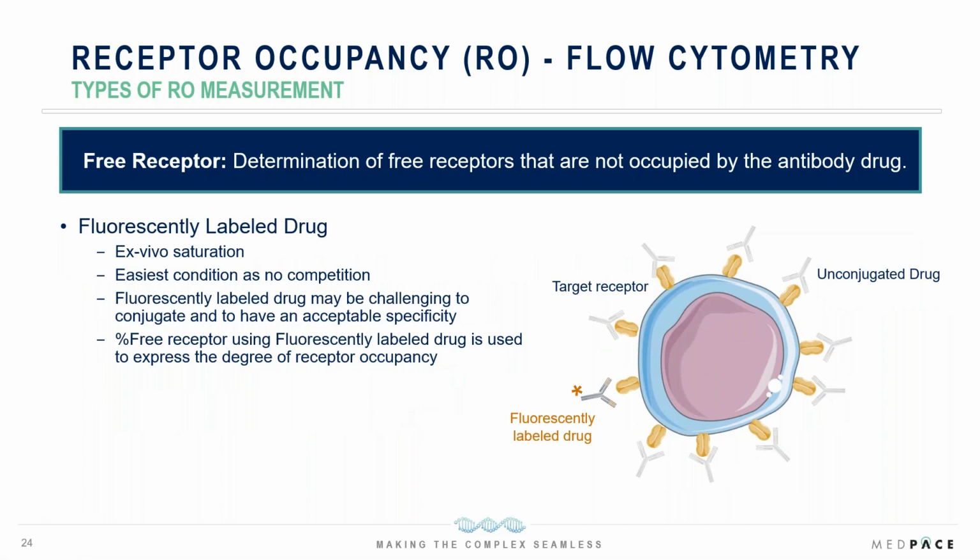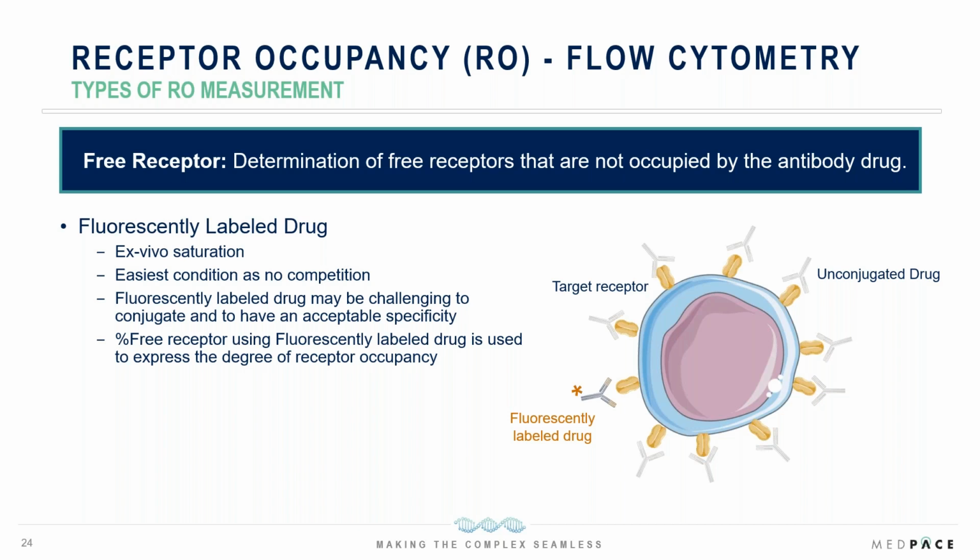If we go to the next slide, I will explain the second possibility to calculate the percentage of free receptor, and for that we can use fluorescently labeled drugs. This is actually the easiest solution, because you don't have any competition. In that case we are still working in saturated conditions, and the fluorescently labeled drug will directly bind to the targeted receptor in the same way as the unconjugated one.